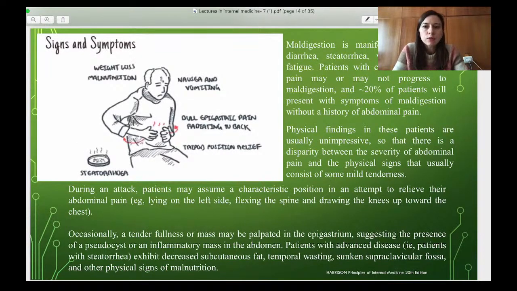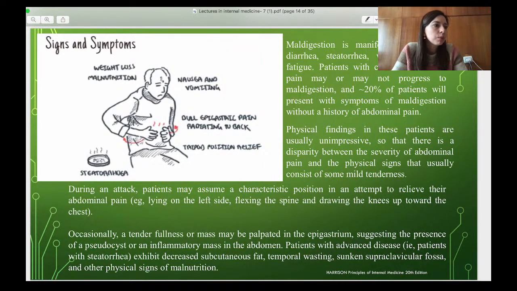And the next symptom is maldigestion. And what is maldigestion? Maldigestion manifests as chronic diarrhea, steatorrhea, weight loss, fatigue, and seldom vomiting and nausea.